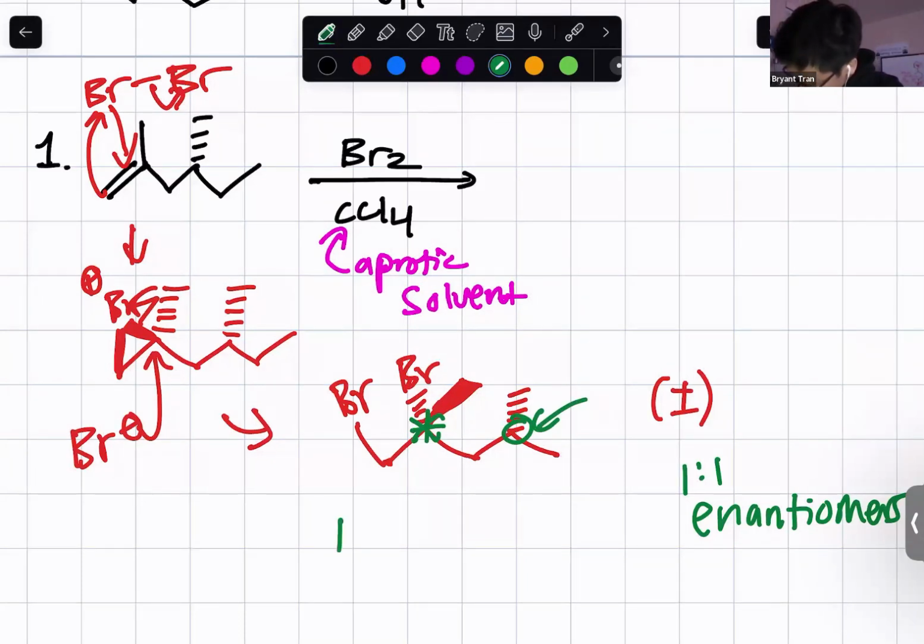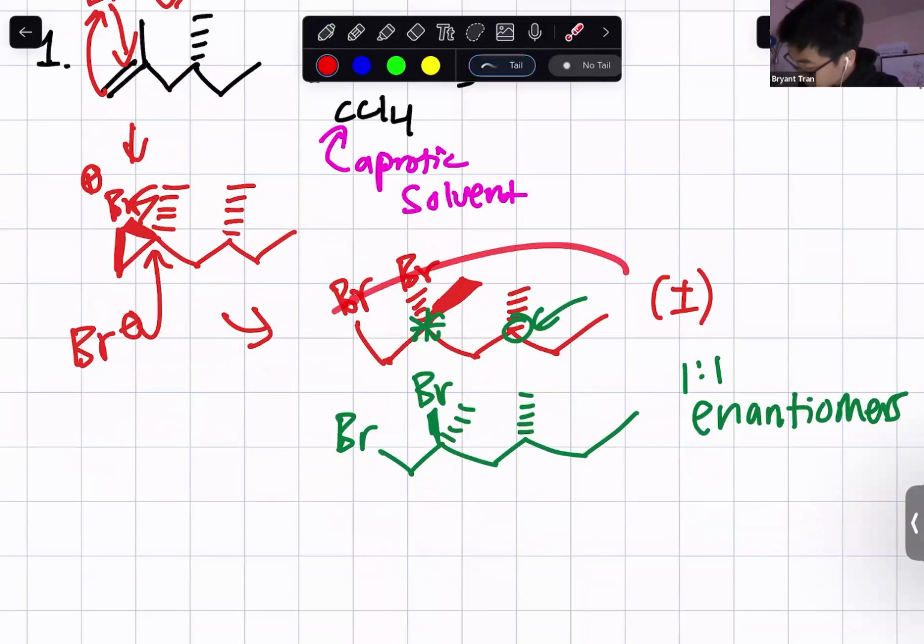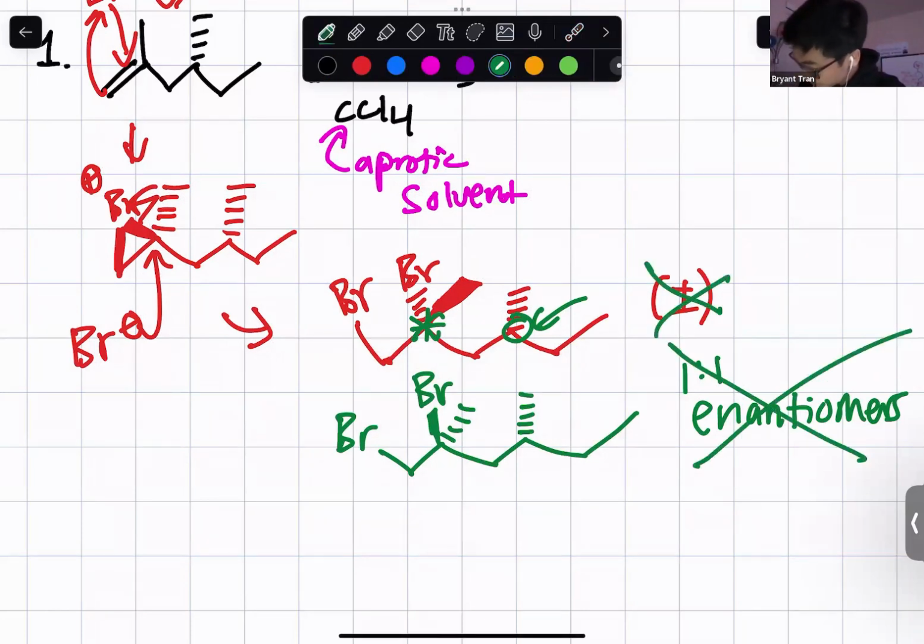So the other product, if I were to draw that out, would be like this. We flip that chiral center. This dash methyl here stays the same. Making these diastereomers of each other, not enantiomers of each other, right? So we cannot do plus minus like that. Okay.